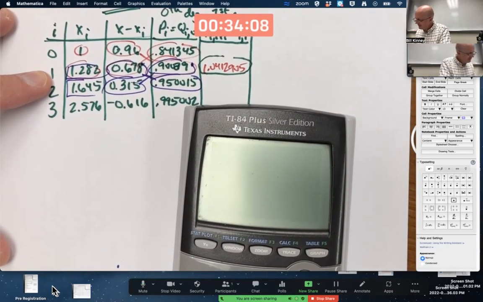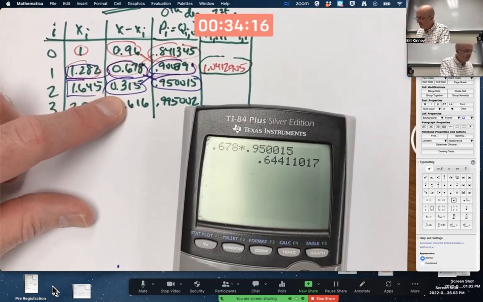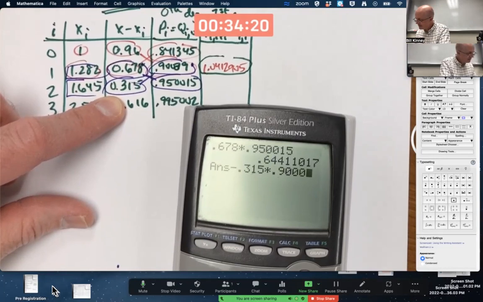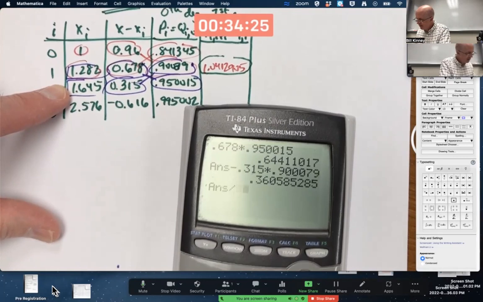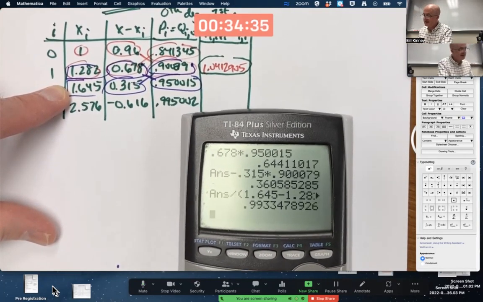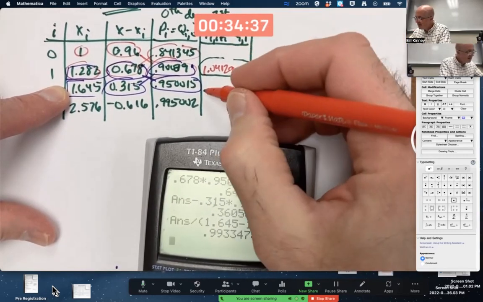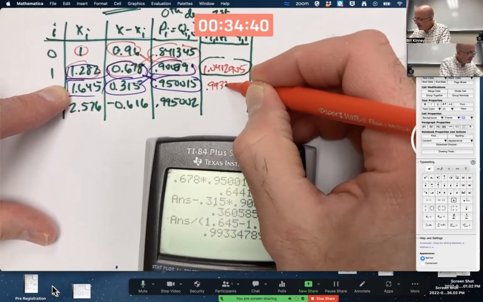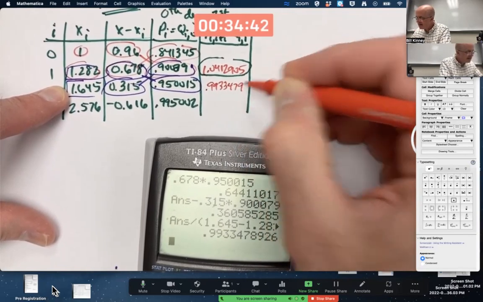So 0.678 times 0.950015, product of those two, minus 0.315 times 0.900079, divided by, use parentheses, 1.645 minus 1.282. 0.9933, that, and it is a bit too big. That's what I was expecting. 0.9933479.